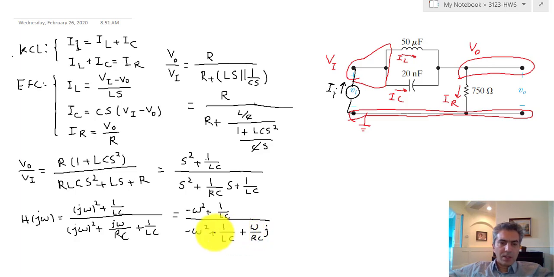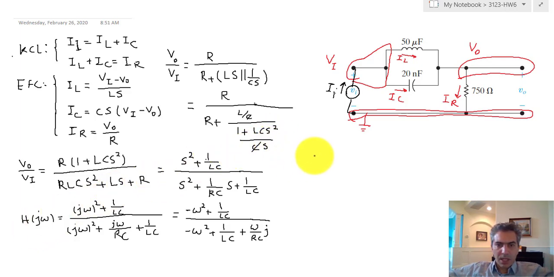Now, to evaluate this, we are looking for the magnitude of H(jω) to understand how much of the input signal is going to pass through. The amplitude of the output is basically the amplitude of the input multiplied by the magnitude of H(jω).